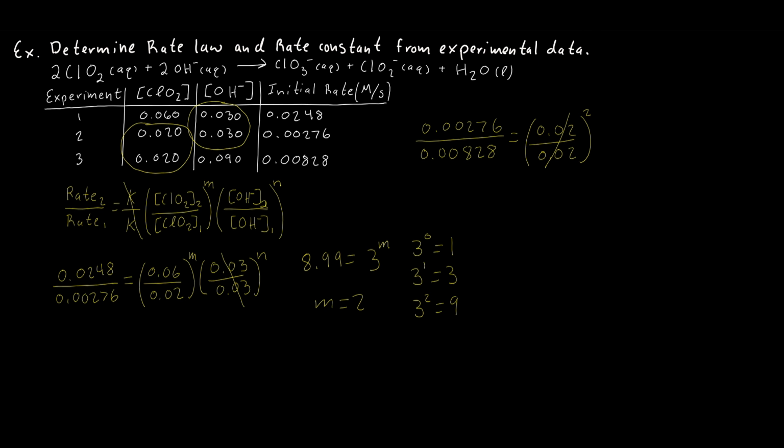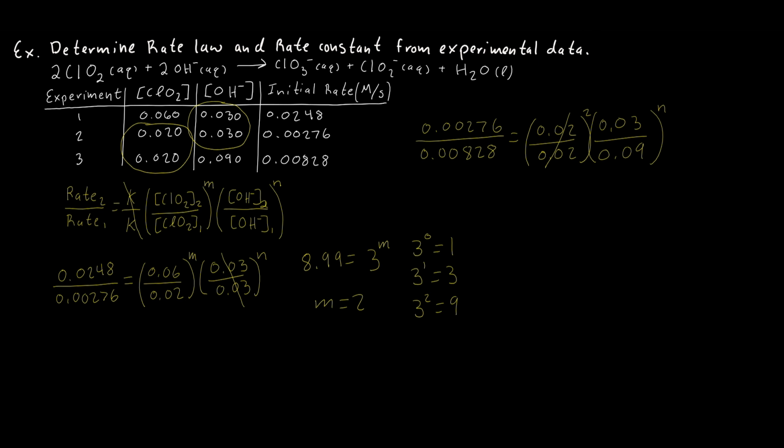And then for our concentrations of OH, we have 0.03 and 0.09. And that's to the n power, which is what we're trying to solve for. And it looks like I put them upside down, but it should still work out the same.